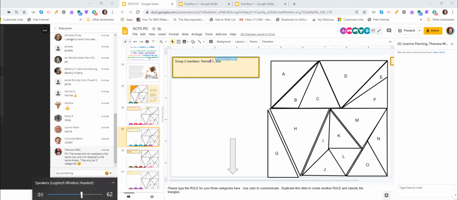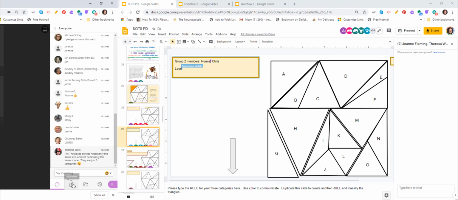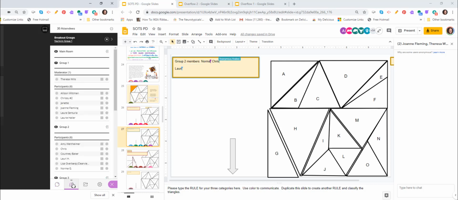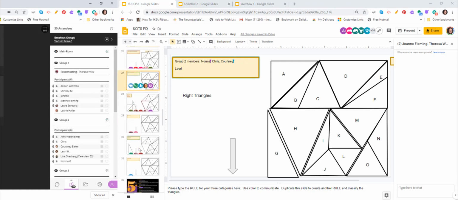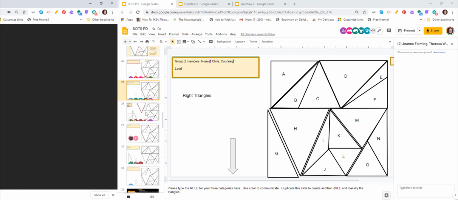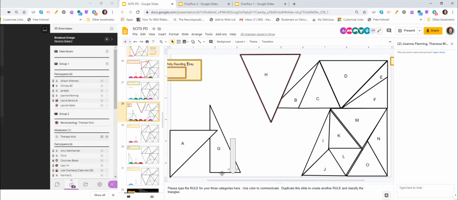Where did that go? The boxes are not necessarily the same size and not necessarily the same shape. They're 3 categories. Okay, so I was thinking that we had to make like a perfect. Okay.